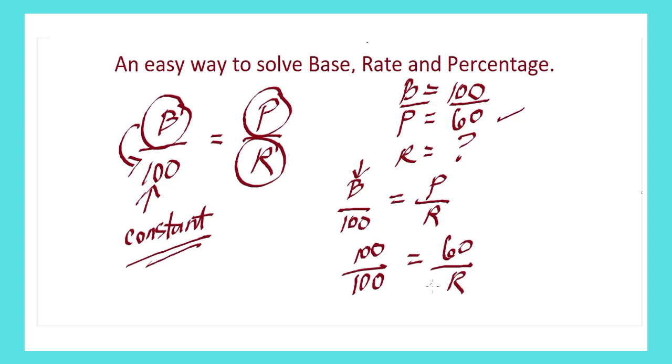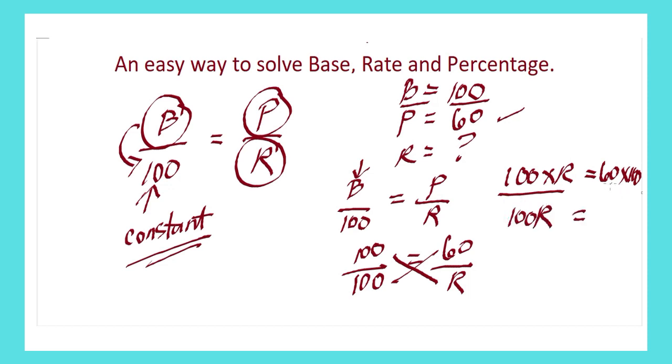And then the next thing that you're going to do is just cross multiply. So 100 times R, you're going to write it here, 100 times R is equal to 60 times 100. Oh my god, I don't have any space there. So 100 times R becomes 100R, and 60 times 100 becomes 6,000.